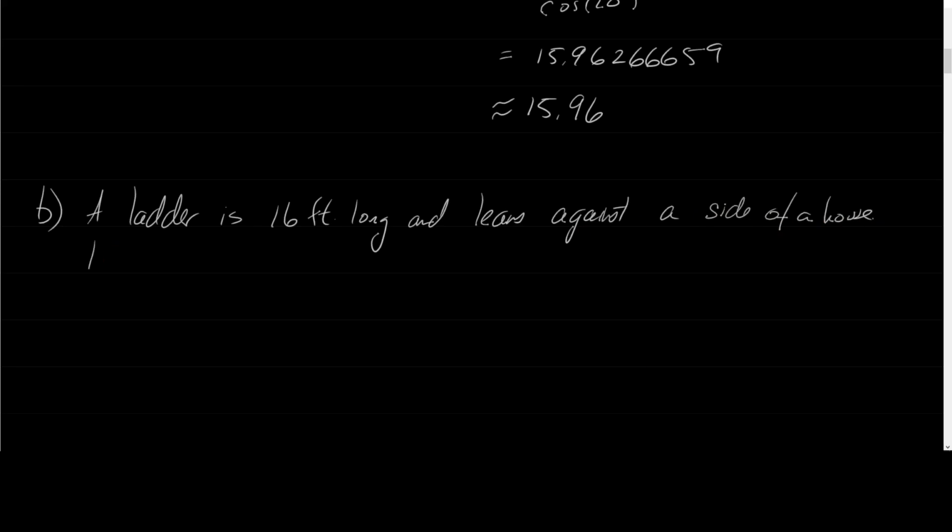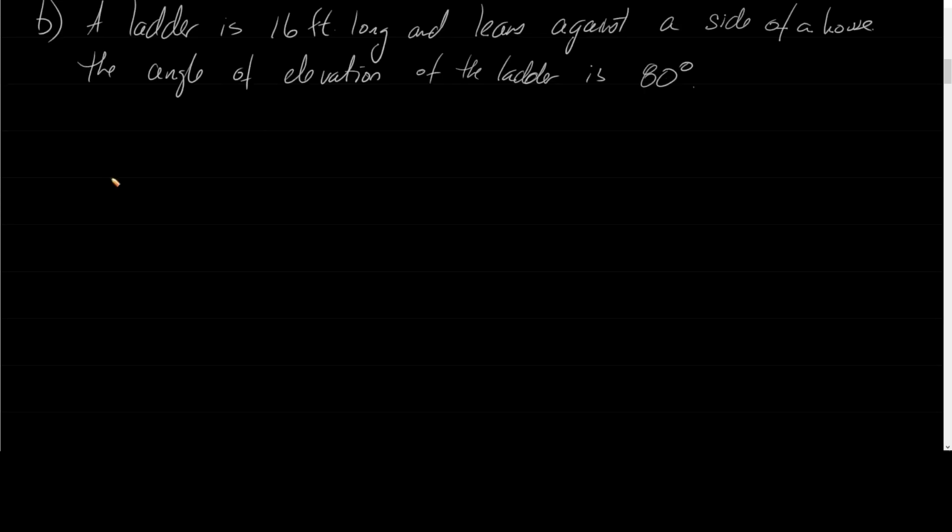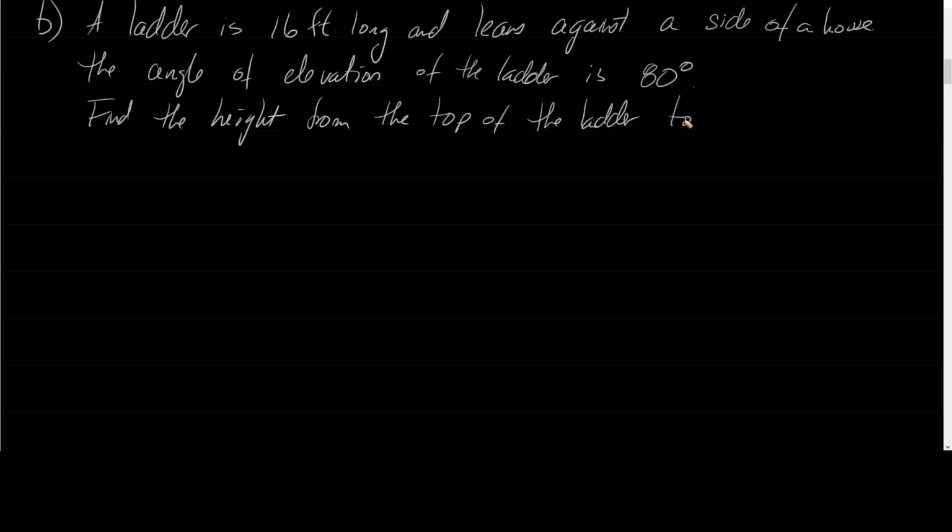The angle of elevation of the ladder, by that I'm talking about the ladder from the ground to the wall, the angle of elevation of the ladder is 80 degrees. The question here is, find the height from the top of the ladder to the ground.